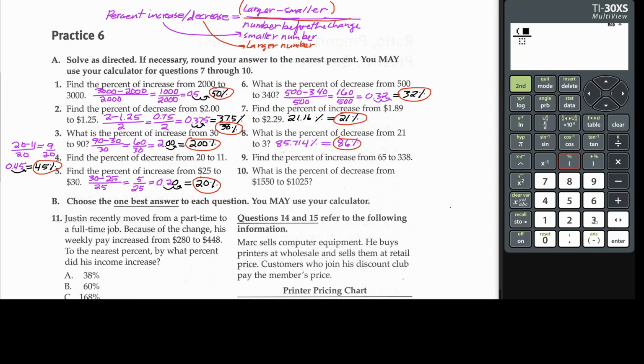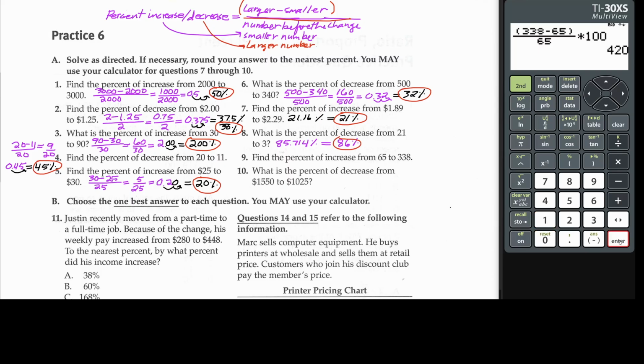Okay. 338. Take away 65. Close parenthesis. Go down. Now this one says increase. So that means the bottom number should be the smaller one. Now exit out by hitting the right key here. Now multiply that by 100.